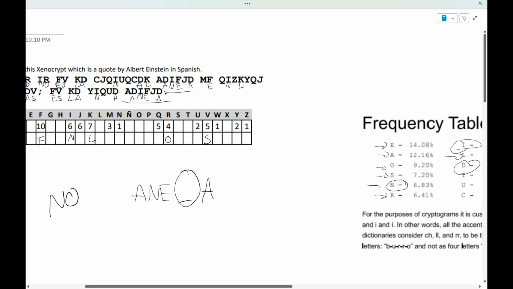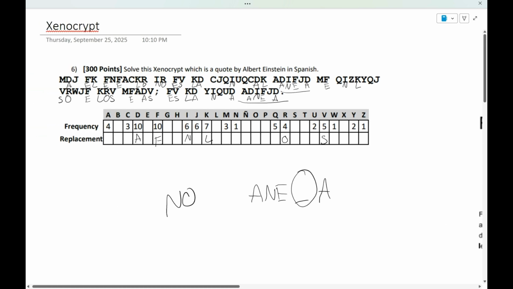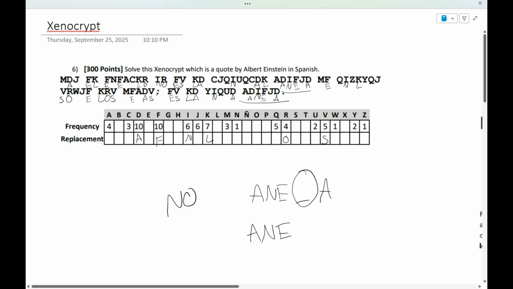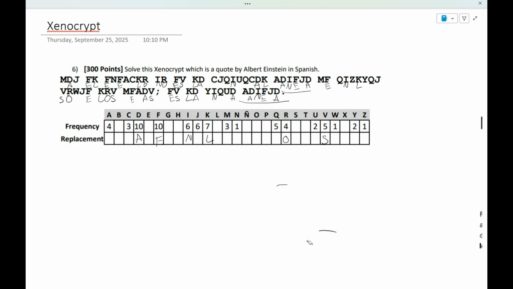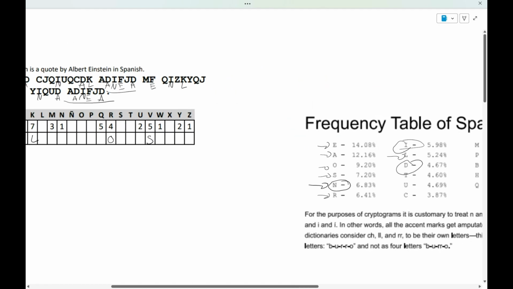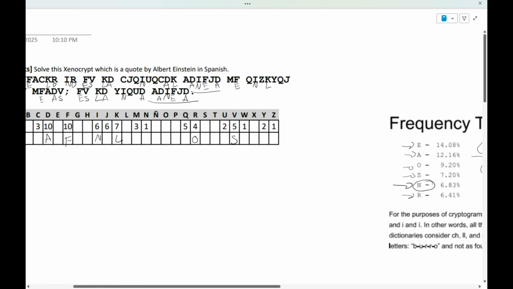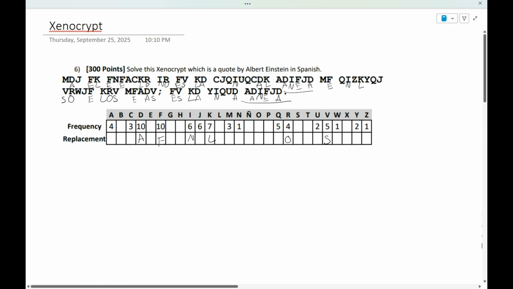So we just took out N. If we put I over there, we're going to get A-N-E-I-A, which we don't typically see 3 vowels in a row in Spanish. So our next high frequency letter is R, which we don't have yet. So we're going to try putting R as J. And so if we fill in all the R's, we're going to get Anera, which kind of makes sense. It could be Monera or it could be something else. So that sort of makes sense over there.